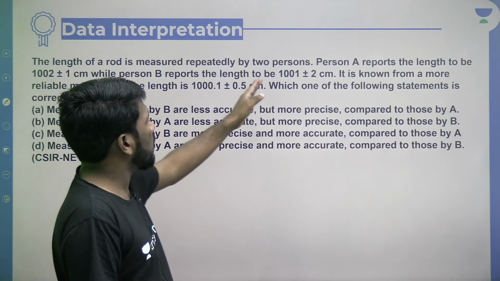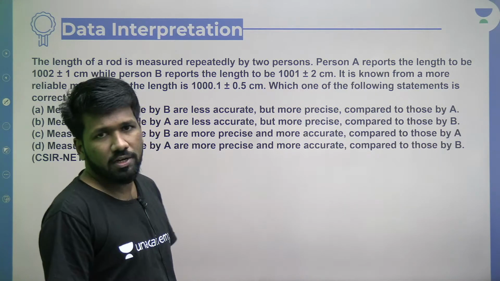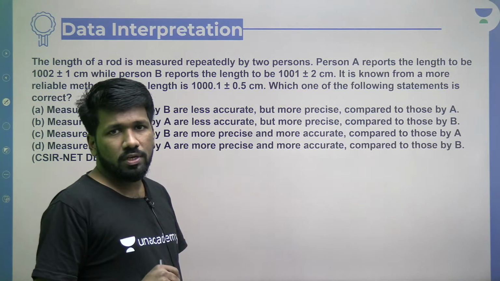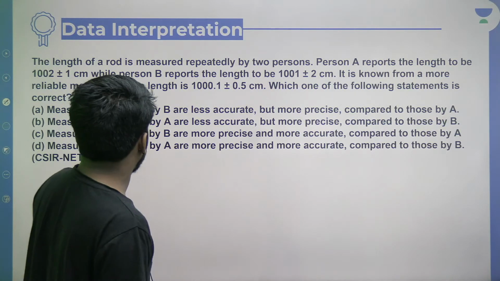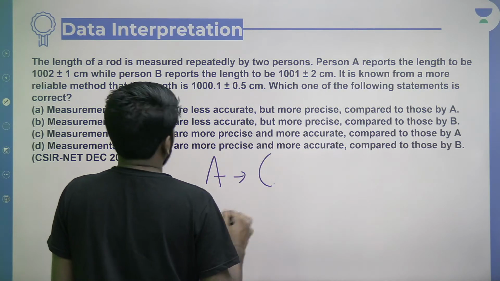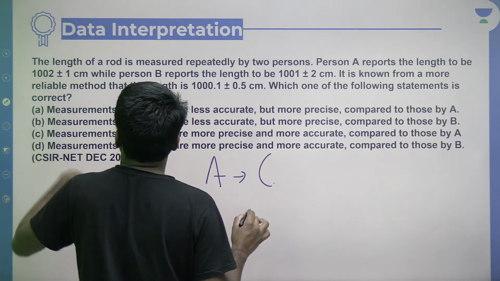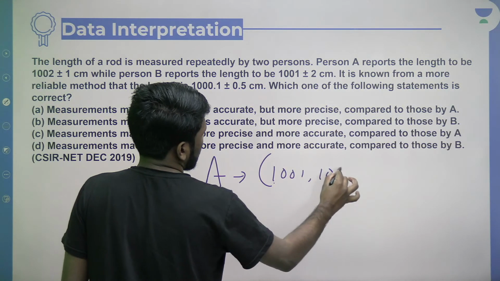Person B reports the length to be 1001 plus or minus 2 centimeter, meaning it can go down to 1001 minus 2 and up to 1001 plus 2. That means person A is telling that the range of the answer is 1001 to 1003.